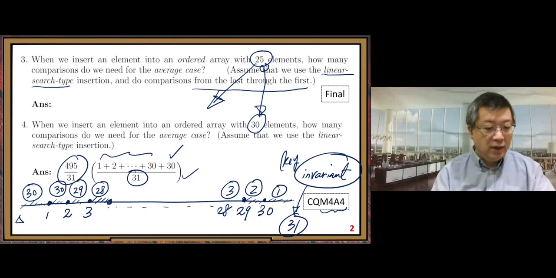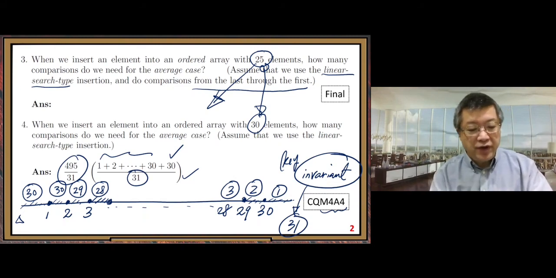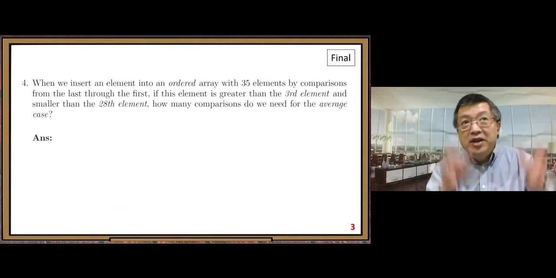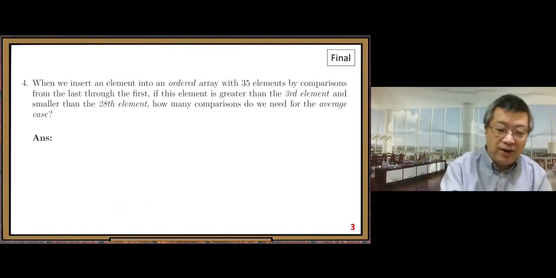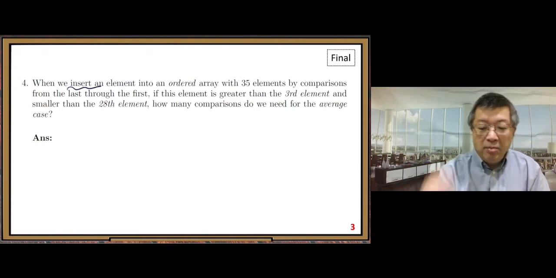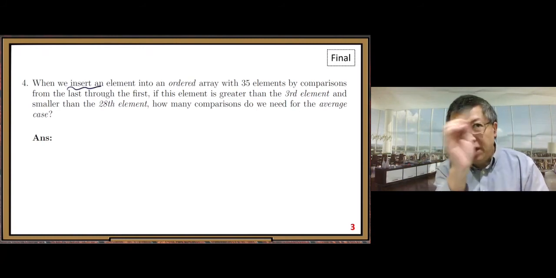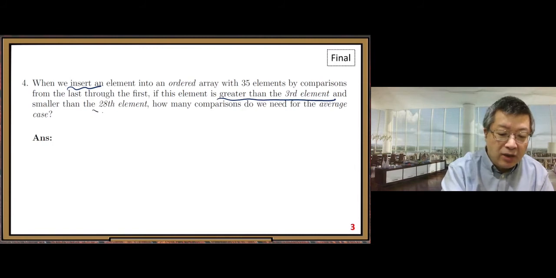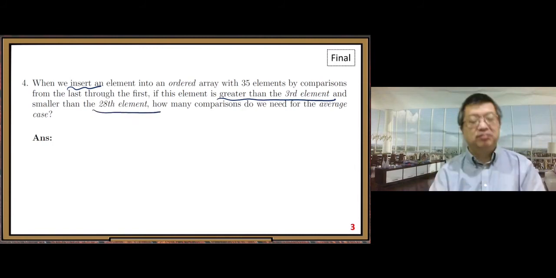All right, the last question for this video, question number 4. This time it is a similar question: still insertion into an ordered array, but I added conditions. The new element is greater than the 3rd element and less than the 28th element.